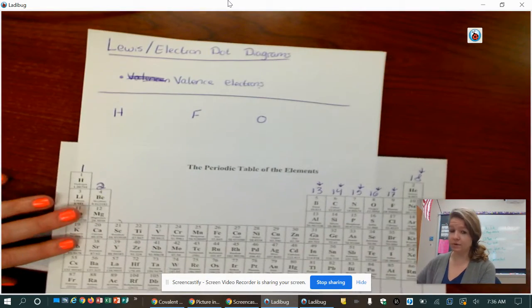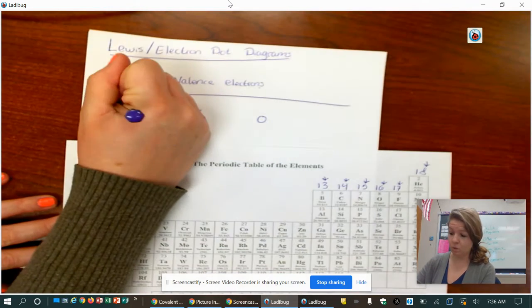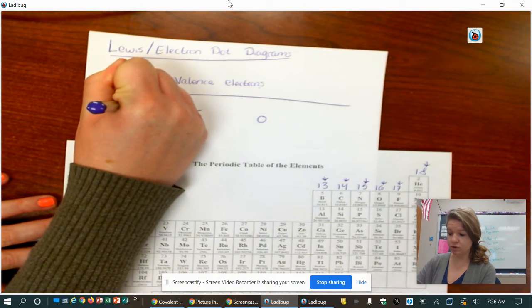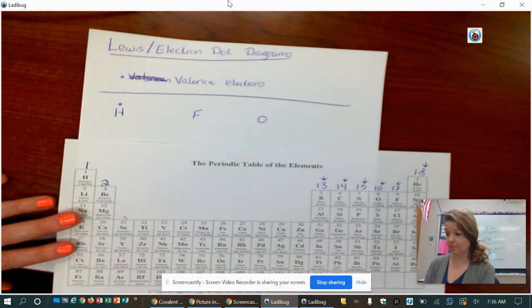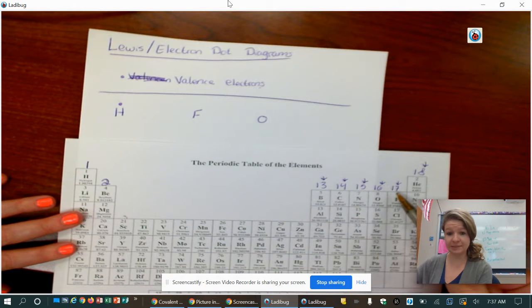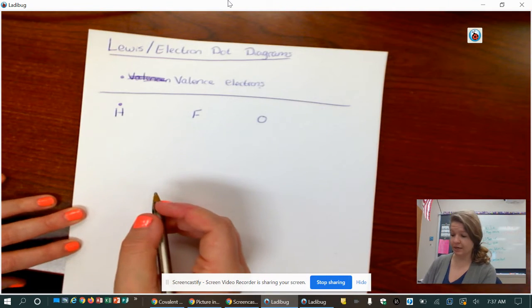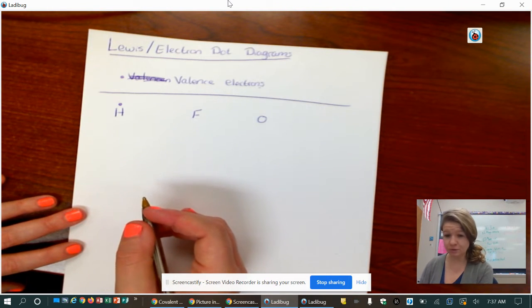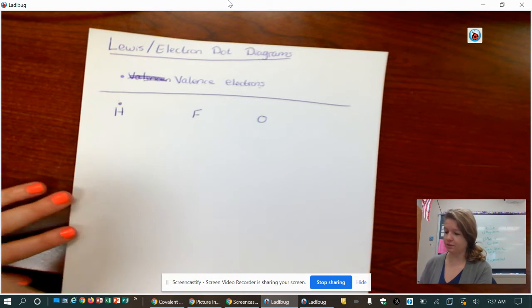Hydrogen, we know, is in group 1, so it has 1 valence electron. This is so simple, we just take that valence electron and put 1 dot. Fluorine, however, we see is in group 17, so we know that it has 7 valence electrons. Now, this is where it gets a little tricky. Remember, you want to build your house first. You want to make sure that you have an electron on all 4 sides, and then you start to pair them up.